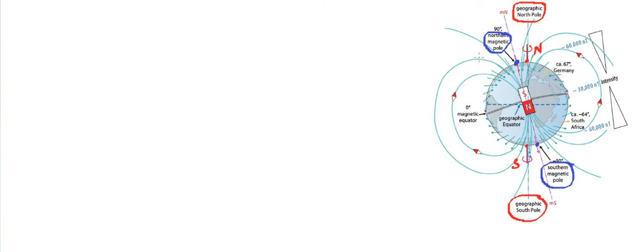Now let's move ahead and try to understand how we are able to find the magnetic field at any point on the Earth's surface. Let's say we consider any point P on this Earth's surface, and at this point P we want to know how much the magnetic field because of the Earth is going to be.